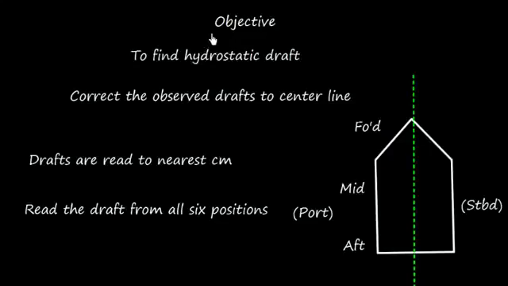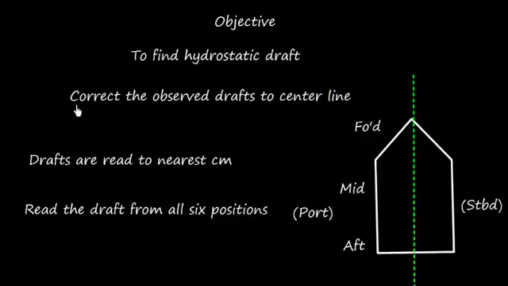So our objective is to find the hydrostatic draft. We need to read the draft from all 6 positions. That means forward port side and starboard side, midship port side and starboard side, and aft port side and starboard side. The drafts are read to the nearest centimeter, that can be seen.